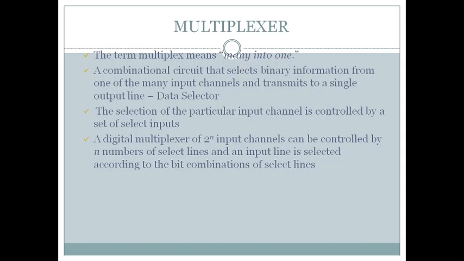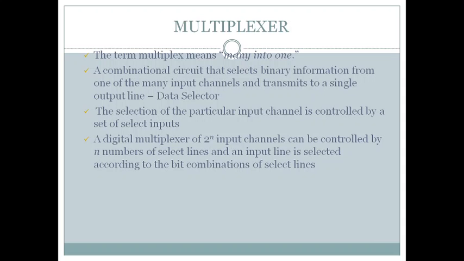But there is no need to transmit data from all the channels simultaneously. You can transmit the data from the first channel for some time, then stop it and switch over to channel 2, and transmit the data coming from channel 2 over the same output line.